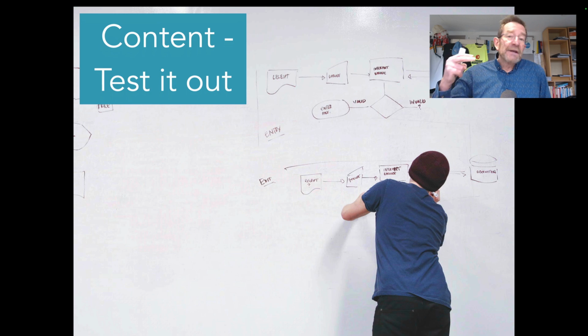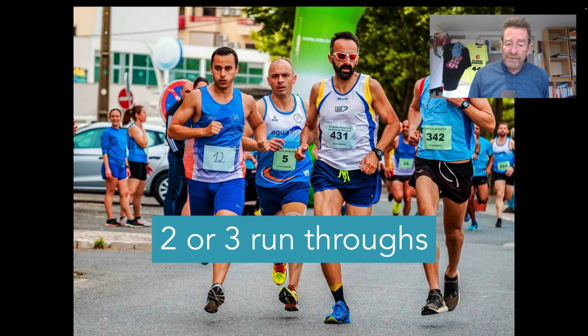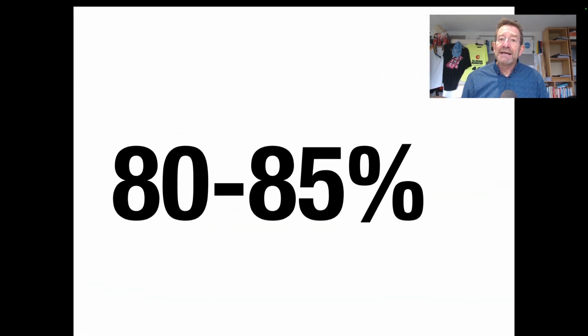So you need to sometimes be that editor, sometimes a ruthless editor, where you'll be taking stuff out at this stage. And then when you think you've got it cracked, you've got the content right, that is the time to run through it and to time it as well. And my golden rule of timing it is to aim to deliver it in practice in 80 to 85% of the time that you've been allocated.